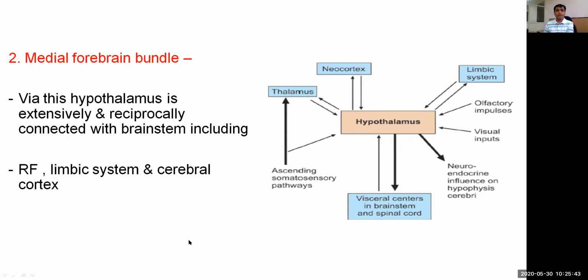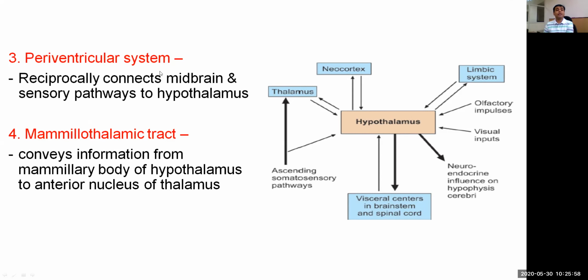Medial forebrain bundle: via this, hypothalamus has extensive and reciprocal connection with the brainstem, including reticular formation, limbic system, and cerebral cortex. Periventricular system reciprocally connects midbrain and sensory pathways to hypothalamus. Mammillothalamic tract conveys information from the mammillary body of hypothalamus to the anterior nucleus of thalamus.